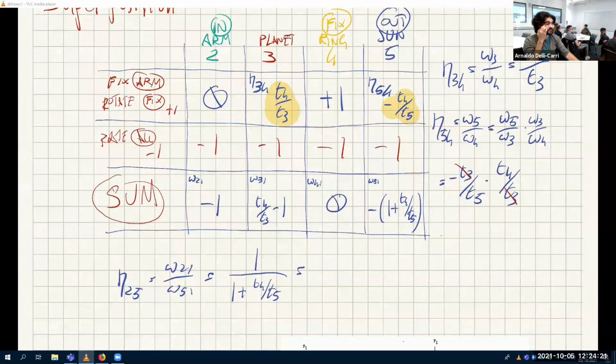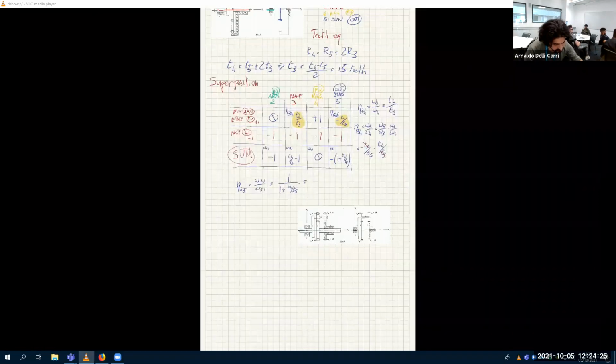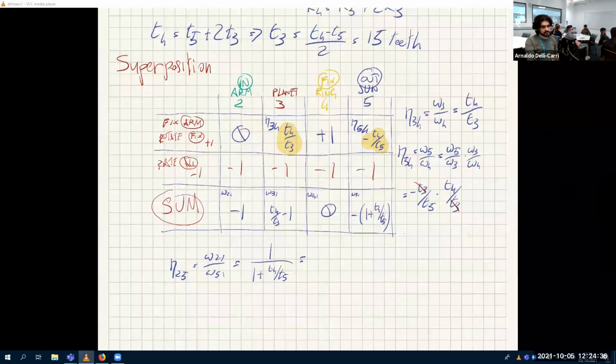How much is this? Guys, help me out. Calculations. How much is 1 plus T4 over T5 to the power of -1? I got someone in the chat. 1 plus T4 over T5. No, it's not T4 over T5. Can I get a number? Chat, a number here? Sorry, say again.